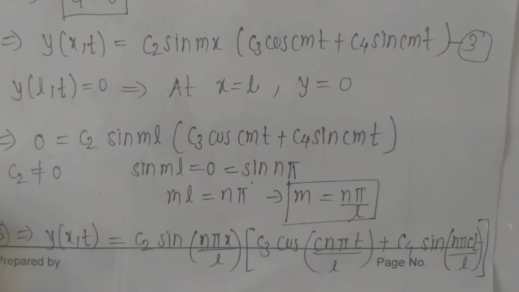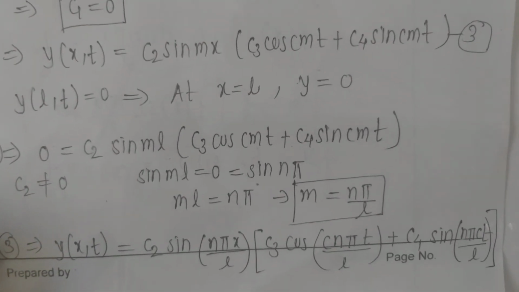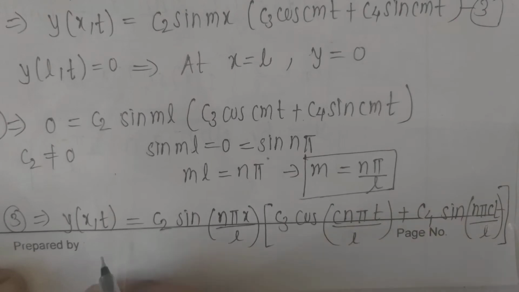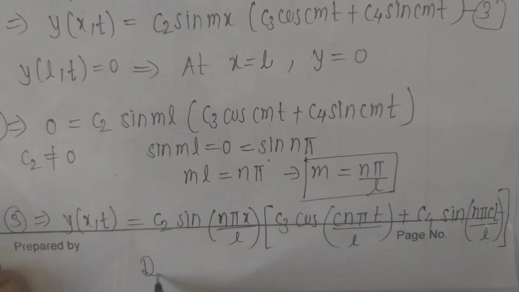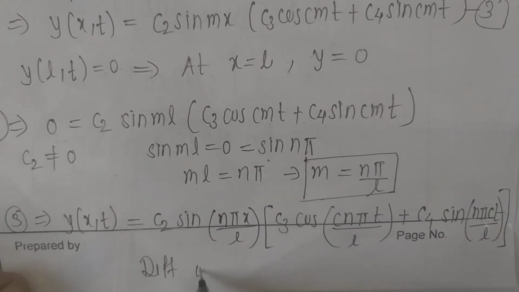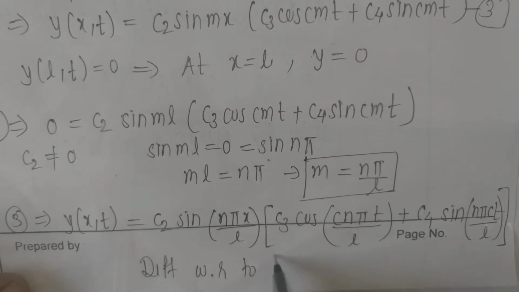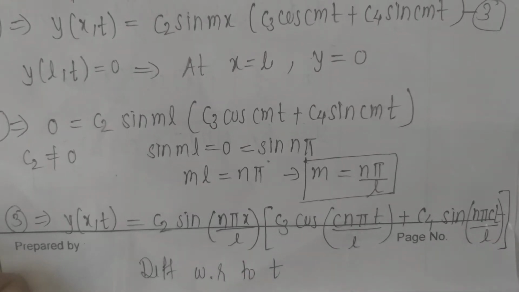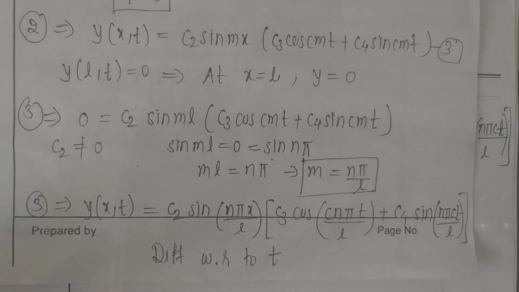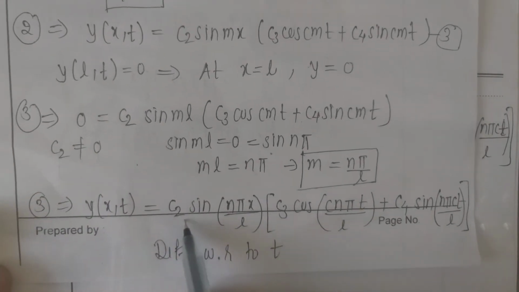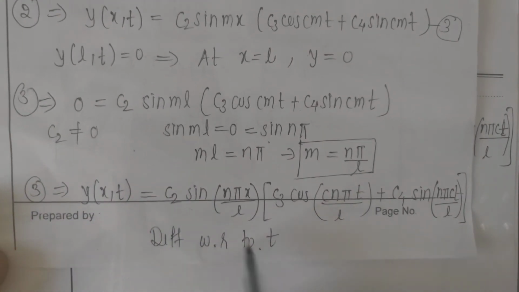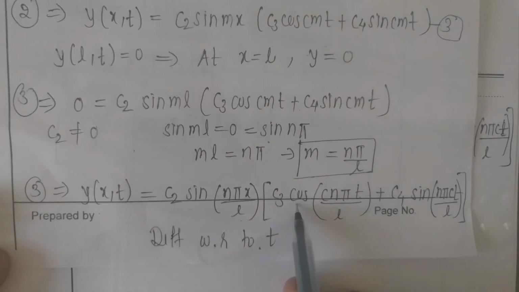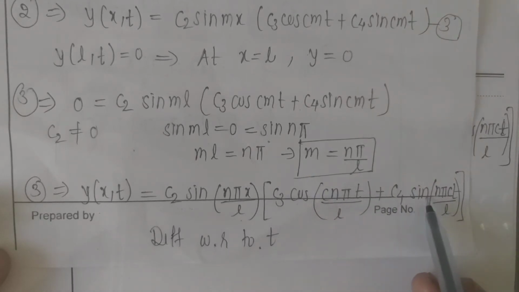Next we have two more conditions, so we use those conditions. But before that we find its derivative. We differentiate this with respect to t, because we want del y by del t. So c2 sin n pi x by L remains constant. The derivative of cos is minus sin multiplied by this constant, plus c4 into sin, whose derivative is cos multiplied by this constant.